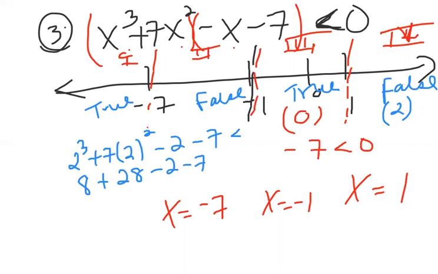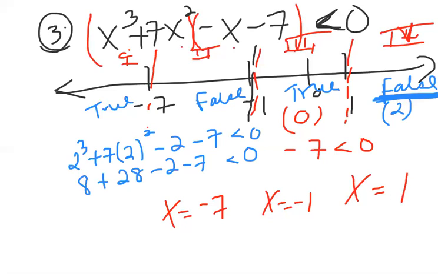Is this going to be less than 0? 8 plus 28 is 36. 36 minus 2 is 34. 34 minus 7 gives you 27. Is 27 less than 0? I don't think so. So this verifies that this region right here is false. That's the validation you needed, guys.